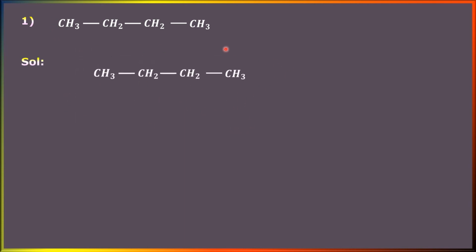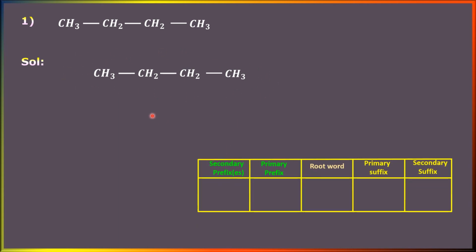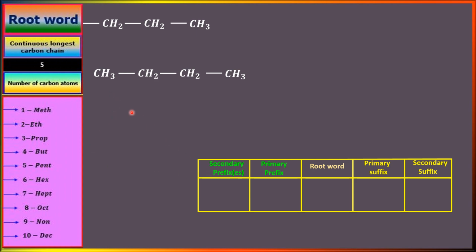In this problem, no substituents or functional groups have been attached to it. This is the only parent chain, which contains 4 carbon atoms. So when 4 carbon atoms are there in the chain, the root word is but.